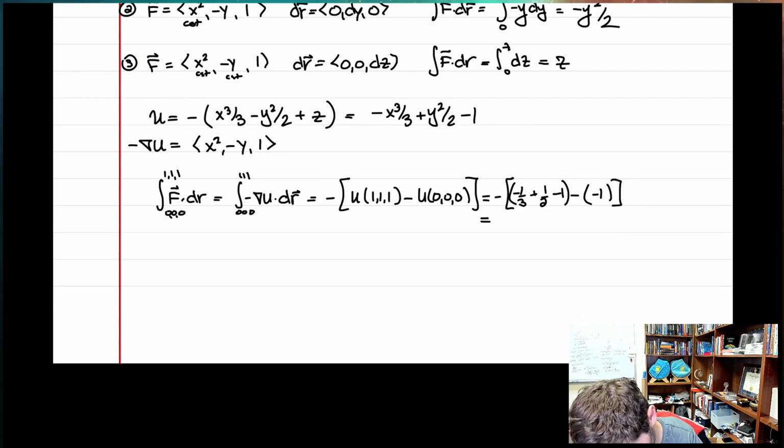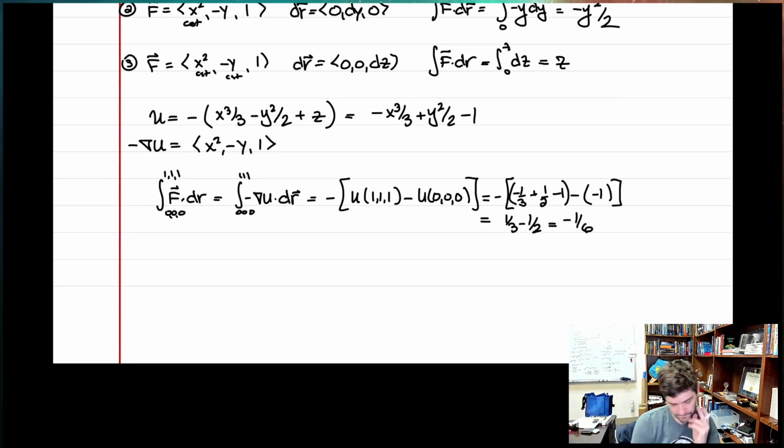This looks like then it's 1/3 minus 1/2, or negative 1/6. That would then be the amount of work that is done in going from the origin to 1, 1, 1, done by this conservative force function. And again, you might, as a way of practicing your line integrals, actually do the line integral manually and see that you get the same thing.